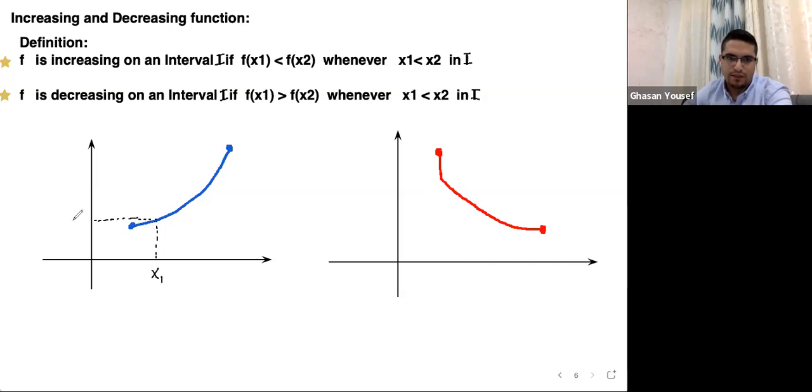Here's the y value, or f of x1. Suppose this is my x2, and this is my y value, f of x2.